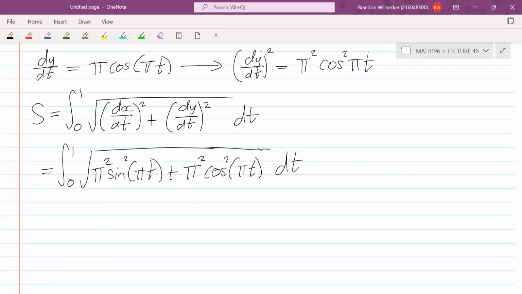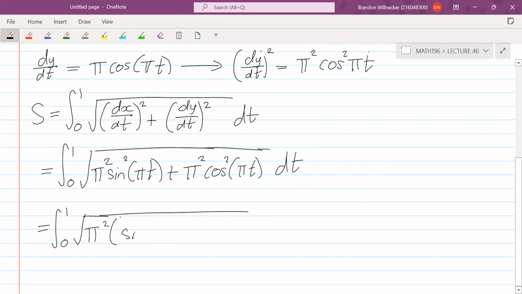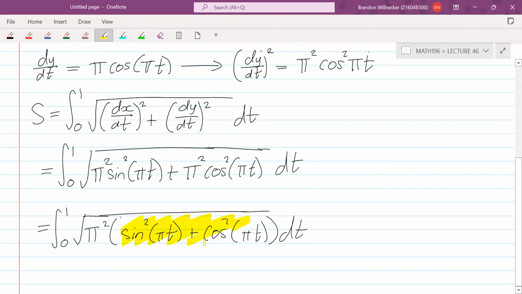Now inside the root, we can factor out the pi squared. So that's going to be the integral from 0 to 1, square root of pi squared times sine squared pi times t plus cos squared pi times t, dt. Now sine squared plus cos squared gives us 1.